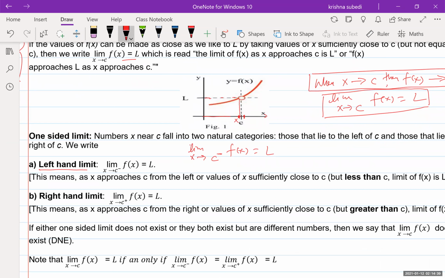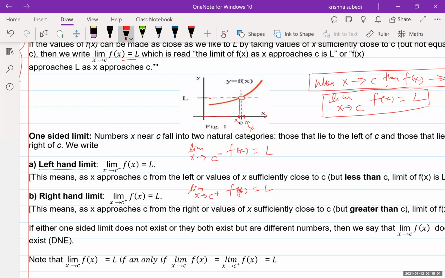And if I consider my x value, this one right here, a little bit bigger than C, which means on the right-hand side, then I can write limit x tends to C plus of f of x equals L. We define left-hand limit and right-hand limit that way.